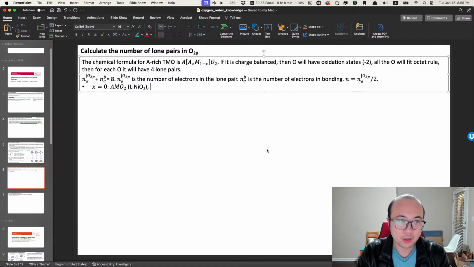Then both oxygens connect to nickel and lithium.